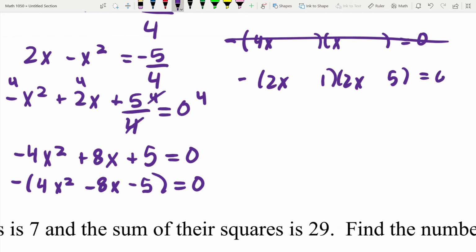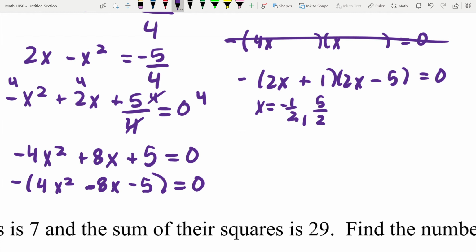The 5 is going to go to a 5 and a 1. So that's going to give me a 10 and a 2, which subtract to give me 8. The biggest needs to be the sign I'm looking for, which is a negative. So the negative goes there, and the positive goes there. The negative gives me nothing. I don't have to do any altering of signs because of the negative. I just disregard it. Set that equal to 0, I get a negative 1/2. Set that equal to 0, I get a positive 5/2.